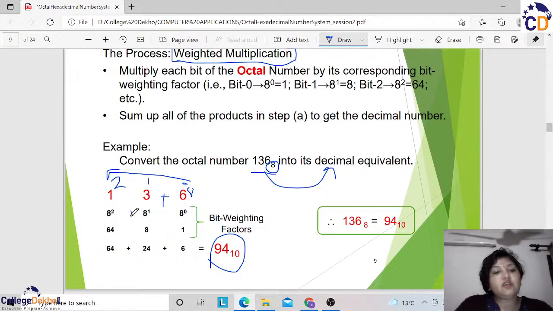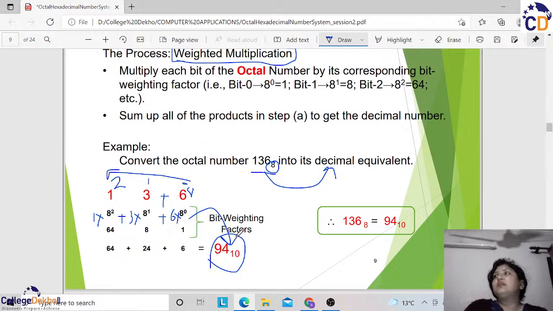This is 3 into 8 to the power 1, this is 1 into 8 to the power 2, and 6 into 8 to the power 0. Add all of these values and you will be getting the answer, that is the decimal number.